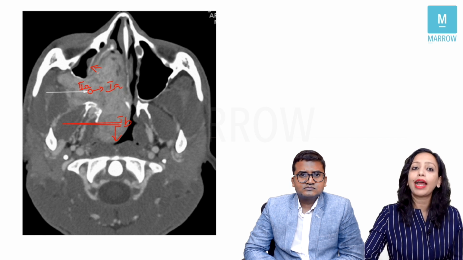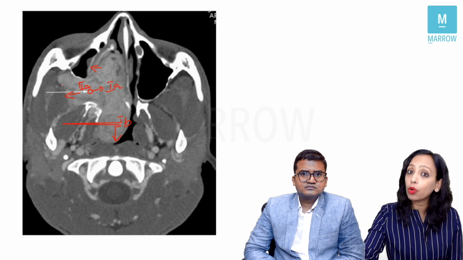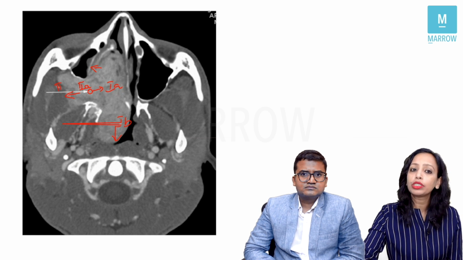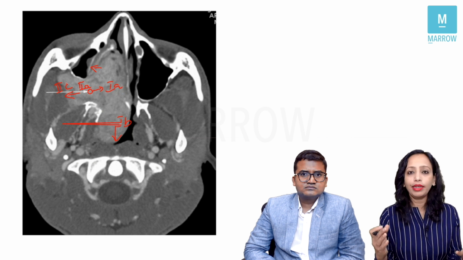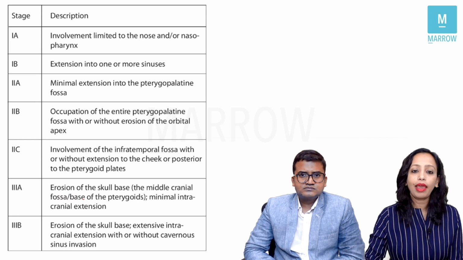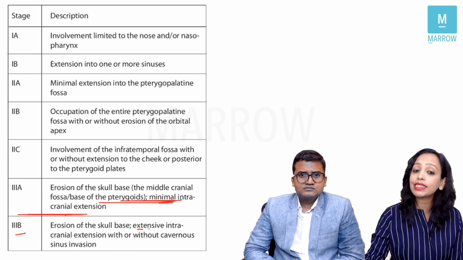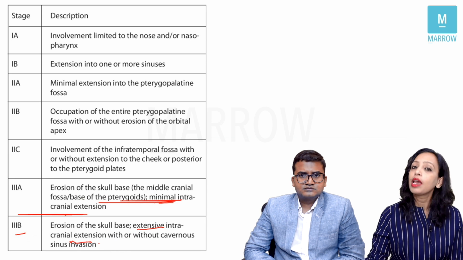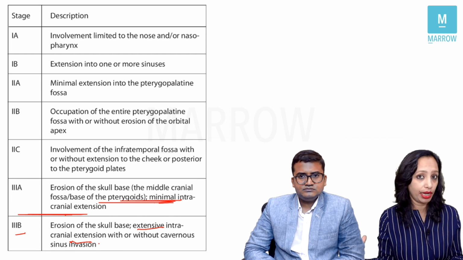And when it goes further laterally into the infratemporal fossa, that is 2C. So all the lateral spread is 2. And when it goes intracranially, that is 3. 3A is when there is minimal intracranial extension, and 3B is when there is extensive intracranial extension with or without cavernous sinus involvement, which means very extensive intracranial extension.